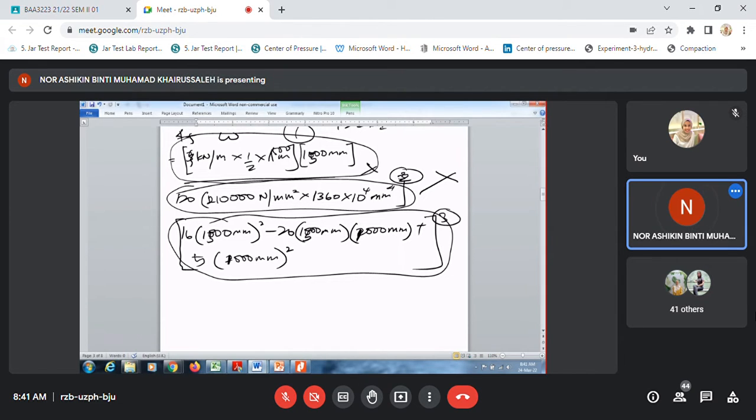Yang ni berapa? Lepas buat yang dulu. Ini. Separate calculation.